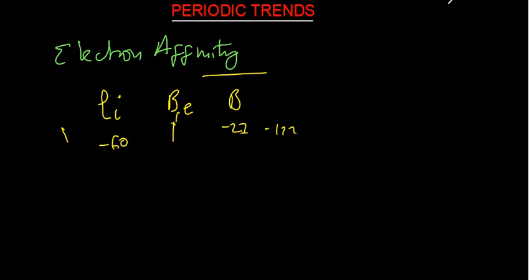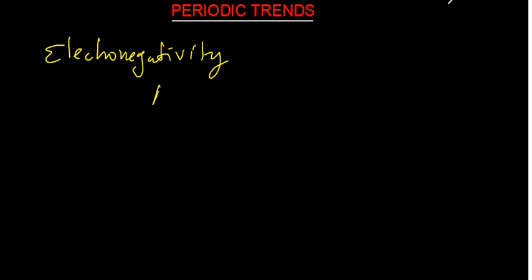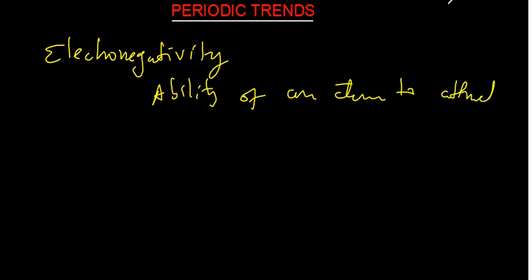Another periodic trend that we can understand is electronegativity. Now, electronegativity is the ability of an atom to attract a pair of shared electrons.